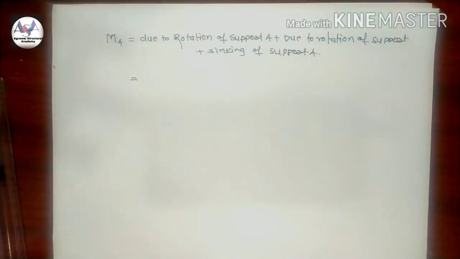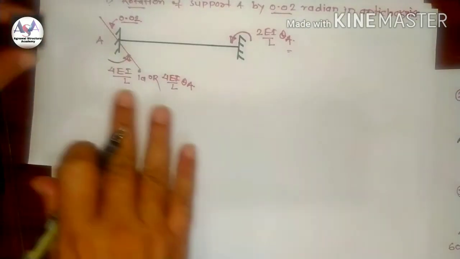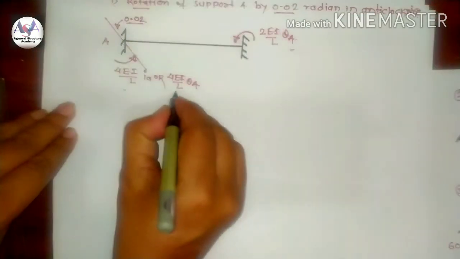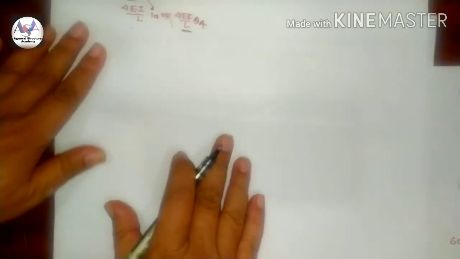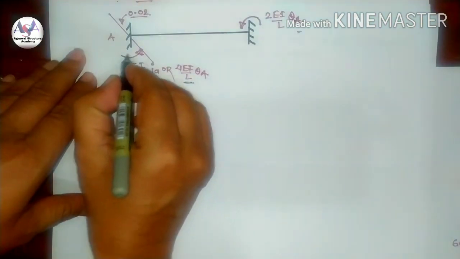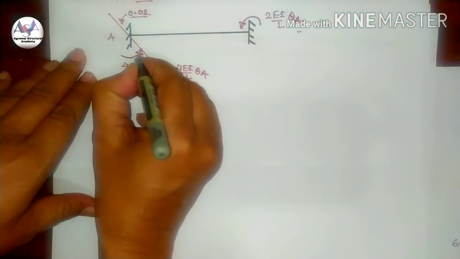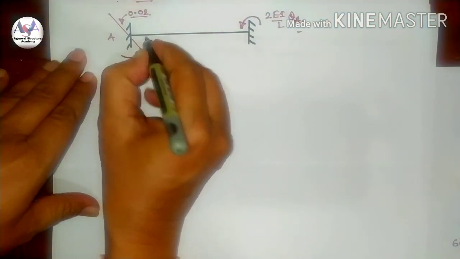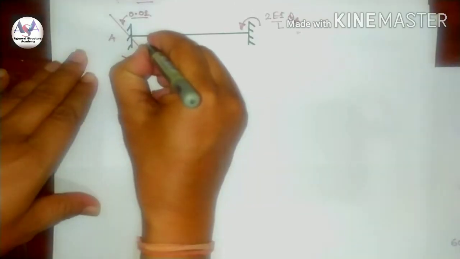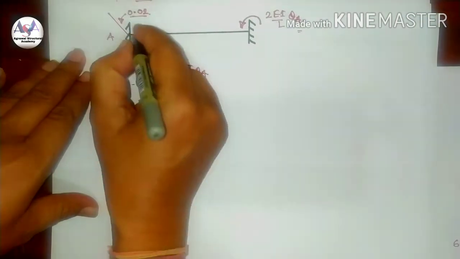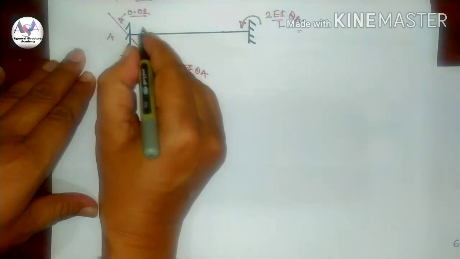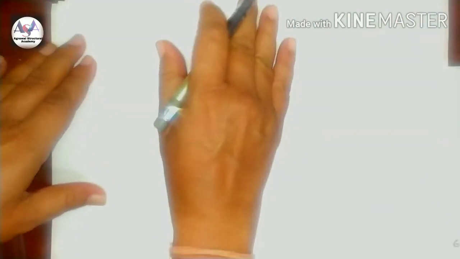First one, this is A. The moment is 4 EI by L into theta A. Now look at this direction. This tries to push the beam upward, which means the hogging moment.